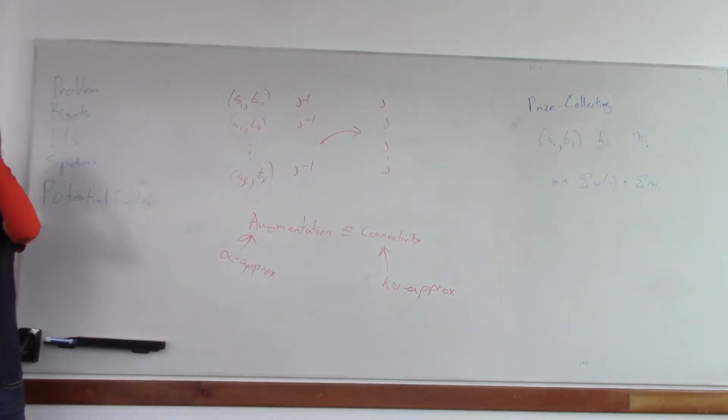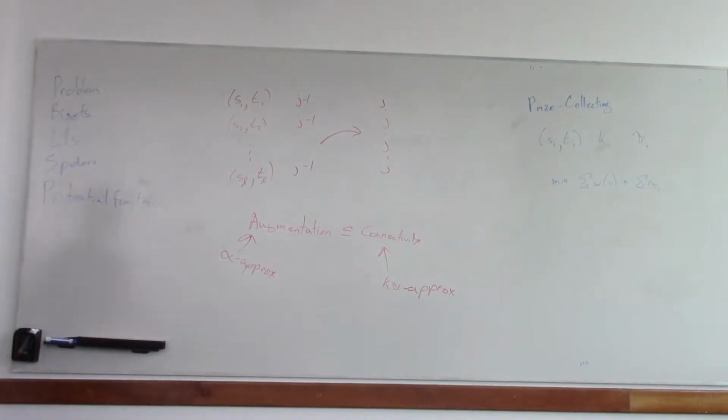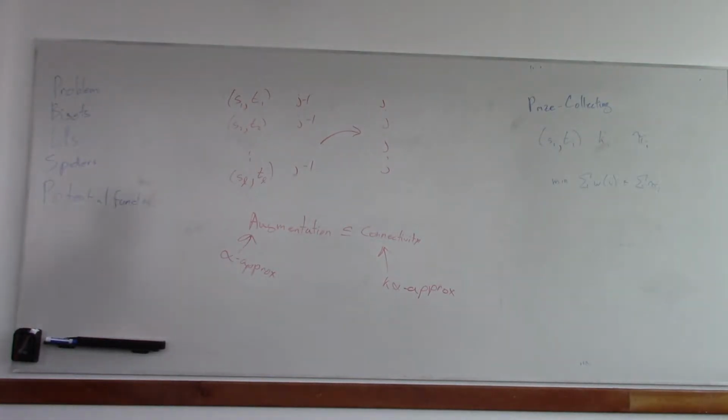Is it like a log or a constant? Alpha will be n polylog. And I think it's n log squared n. It's n log. No, it's k, sorry. k log n. And then k is this k? Yes. And then the final approximation is k squared or just k?